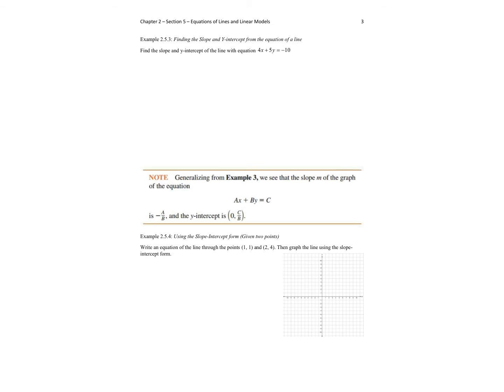Let's apply our slope-intercept form rules here. So what we're going to do is we're going to go ahead and convert this equation into slope-intercept form. So 4x plus 5y equals -10. Now we'll subtract the 4x to the other side.